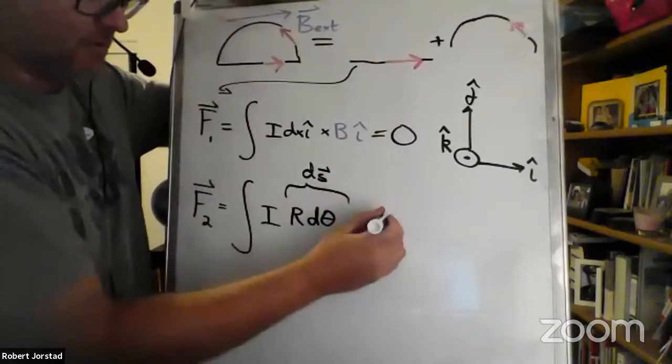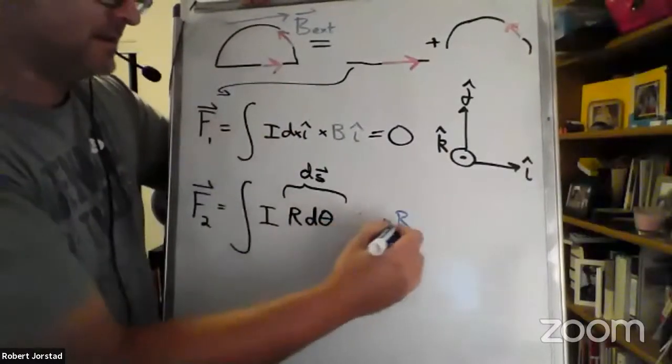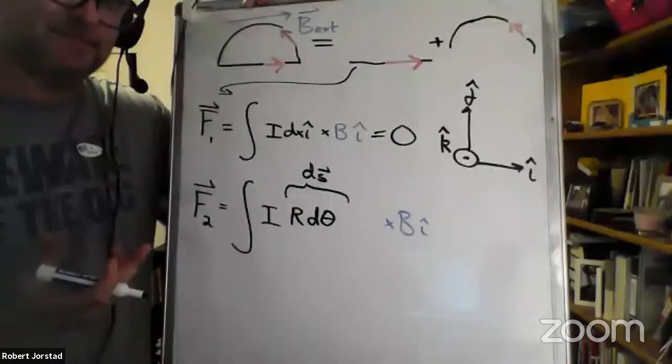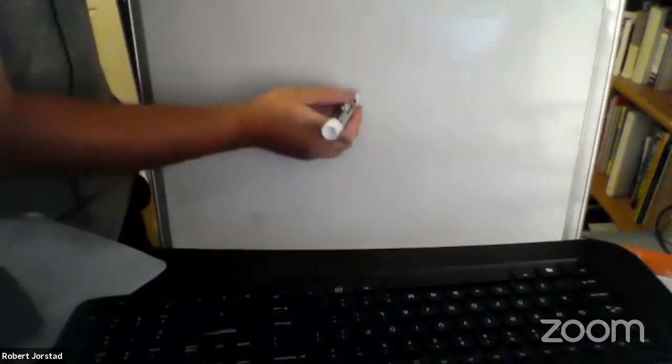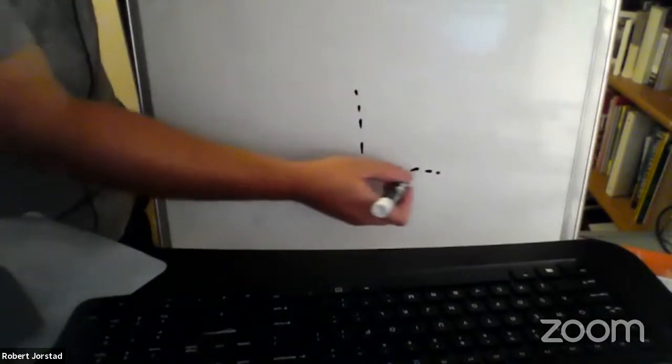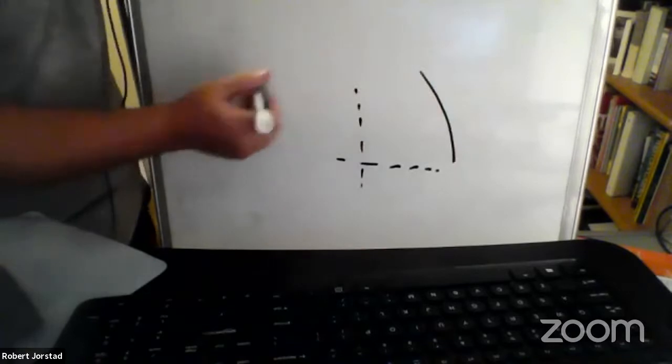Let me scoot this over a little bit. The negative r hat? Not negative r hat, that would be inwards. Is it theta hat? Theta hat. So now let's do a little quick math here. I don't know if you're familiar with circles at all, but at some point we did this. Imagine you're going around a circle here, the unit circle.